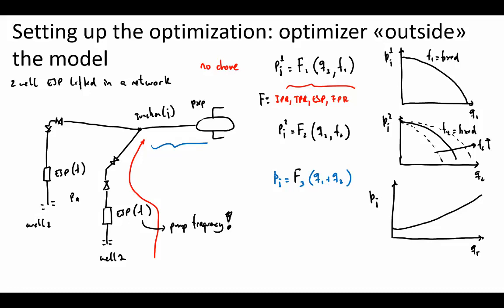Okay, so how do I solve this system given F1 and F2? I set the rotational speed of the pump, and then I want to see how much I'm producing. One way could be to say all PJs must be equal.